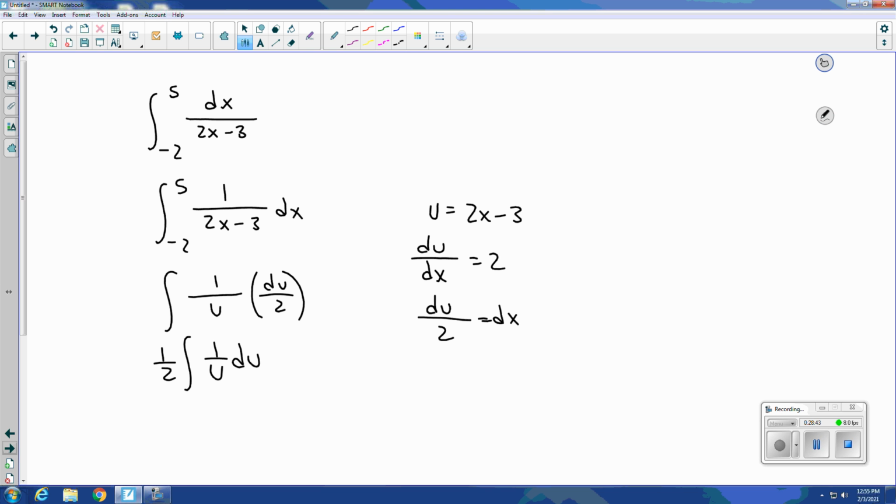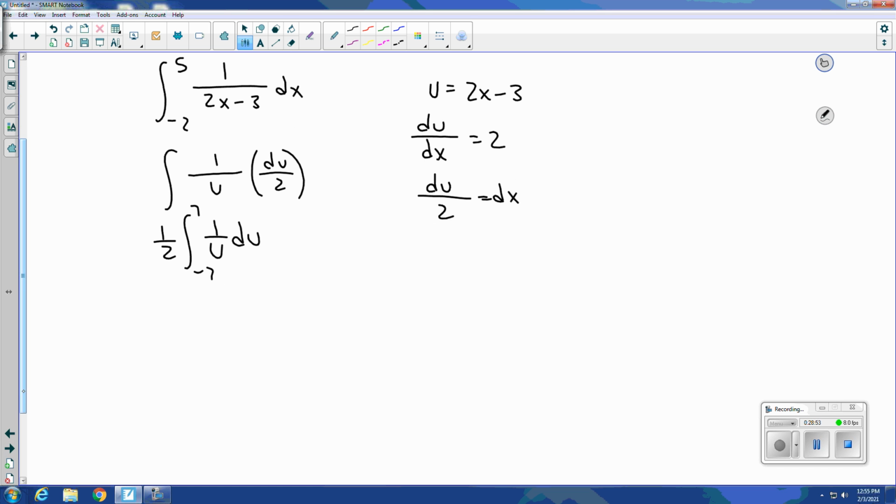Let's change the lower and upper bound. So if I plug in negative 2, I'm going to get negative 7. If I plug in 5, I'm going to get 7. The antiderivative of 1 over u is 1/2 ln of u evaluated from negative 7 to 7.